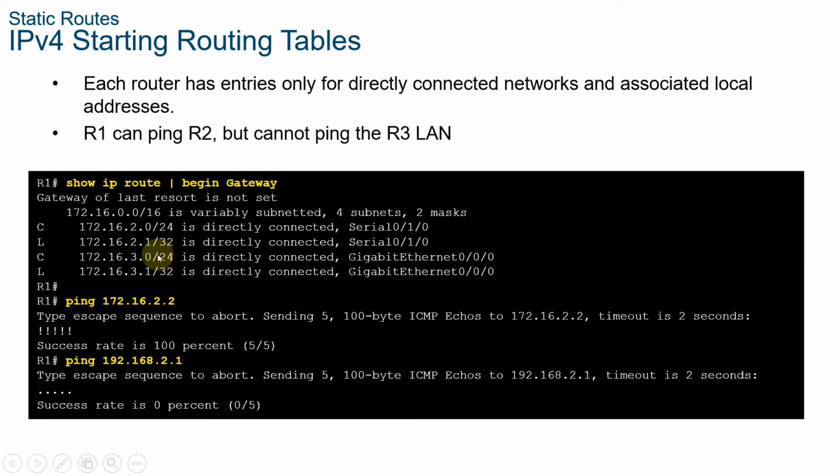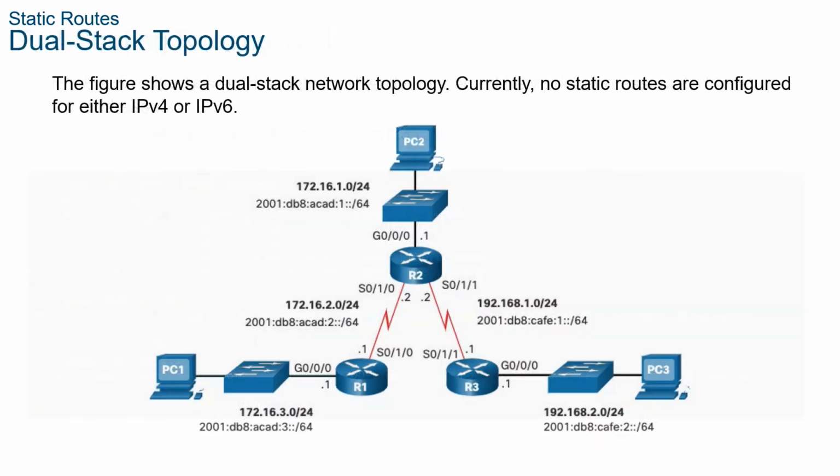IPv4 starting routing tables: each router has entries only for directly connected networks and associated local addresses. So R1 can ping R2 in this demonstration. Now going back to our topology, this is the topology that we're going to use.